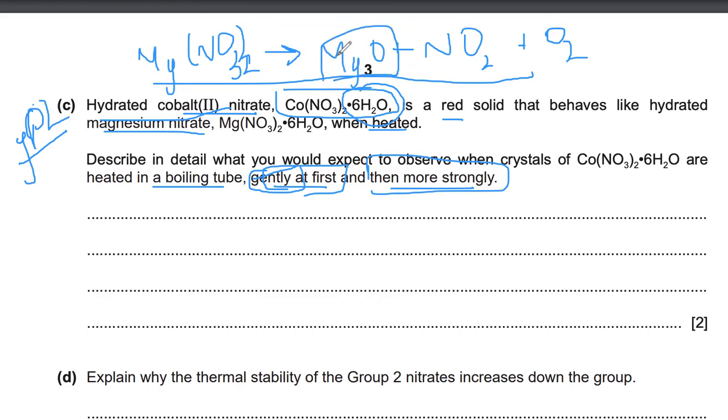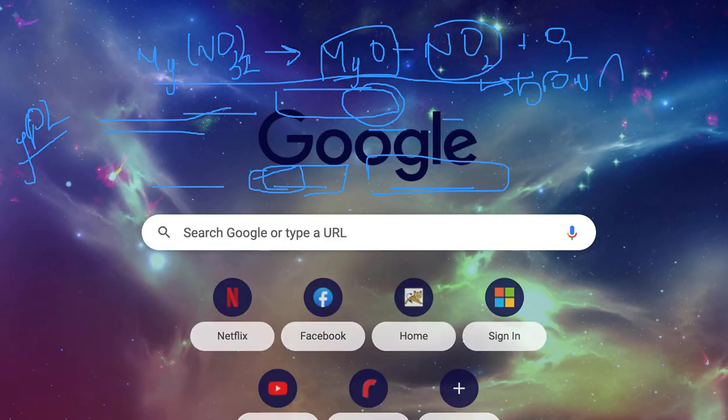So instead of Mg it would be Co, and NO2, which is a brown gas. So a brown gas would appear, and cobalt oxide would be formed, and I am not sure what the color is, so why don't we search it up.